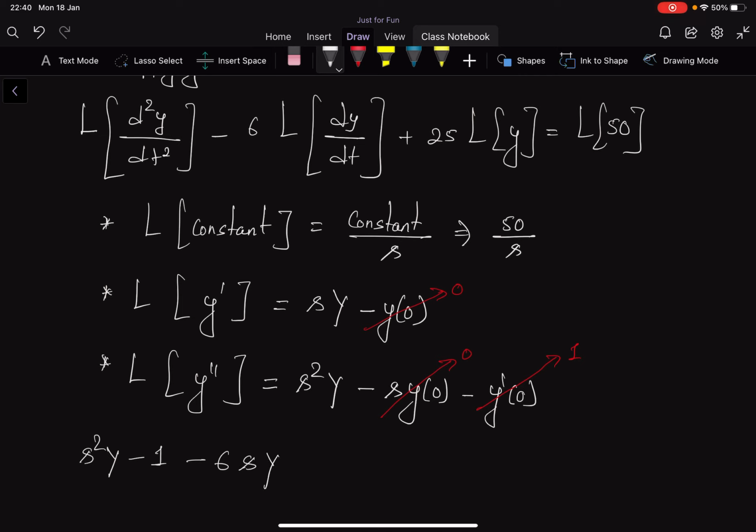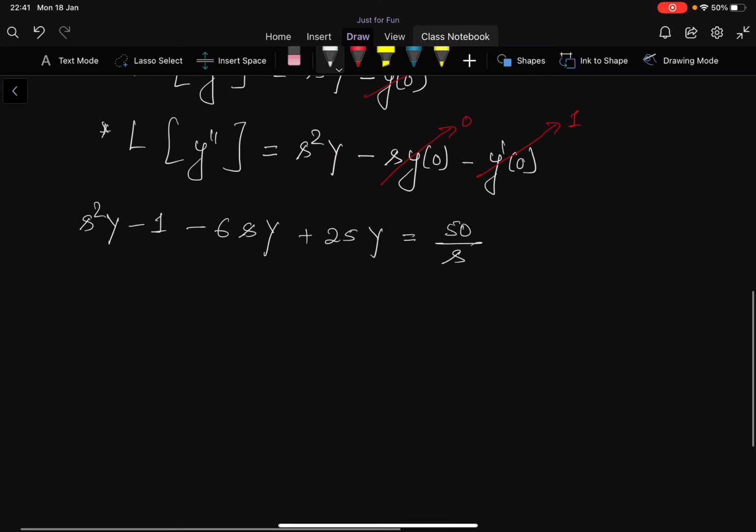Then plus 25Y, because anything which is a variable, the small letter y, is going to be capital Y now, equals anything which is constant, which is going to be 50 over s.